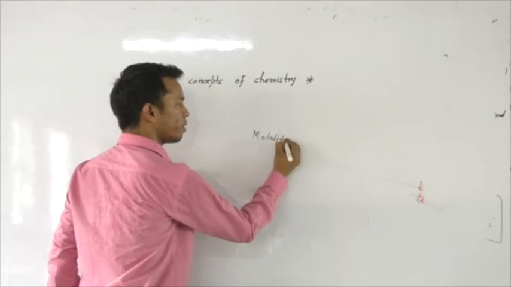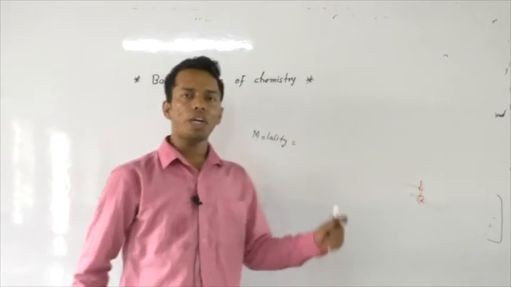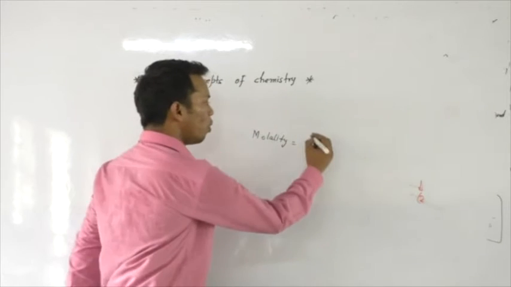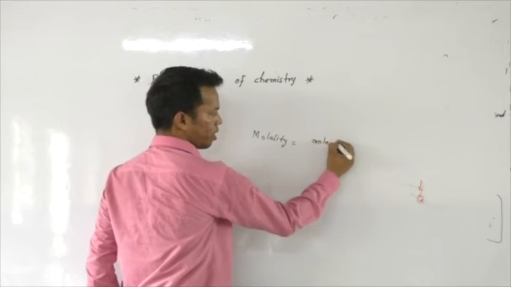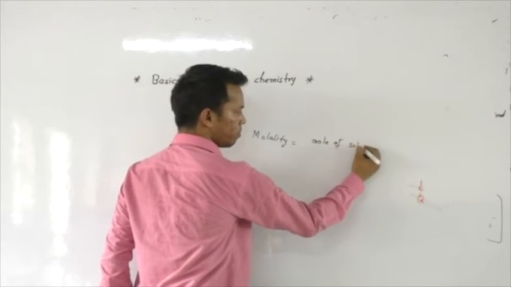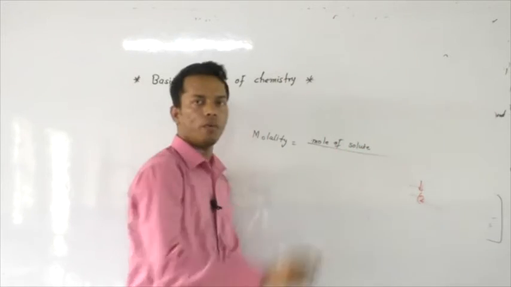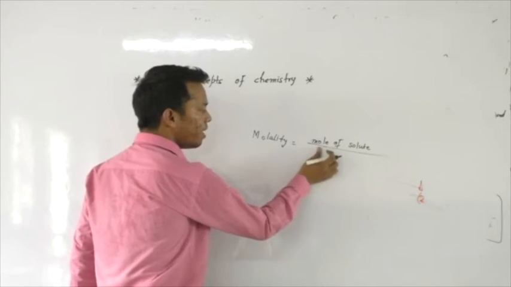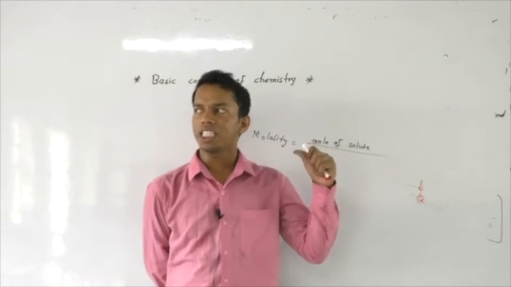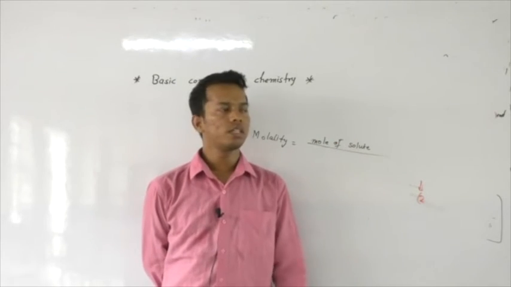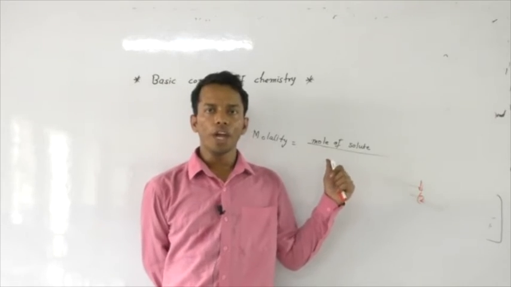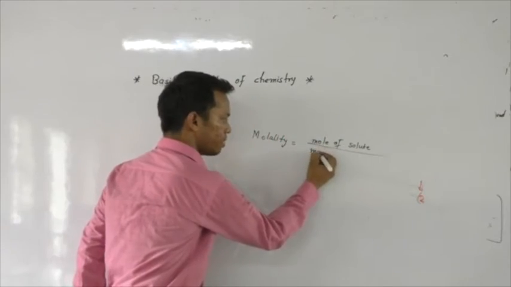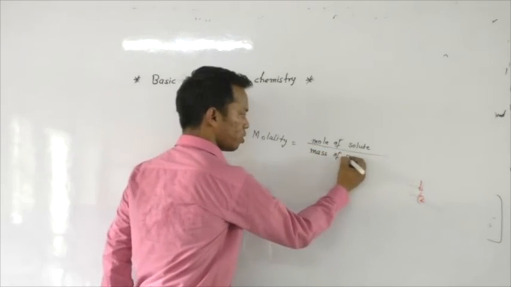Molality. I told you whatever will come in the numerator will be solute. So mole of solute divided by, I told you this is the only exception case. In the next class too, this is the only exception case: mass of solvent.